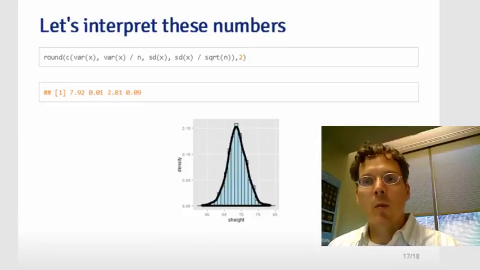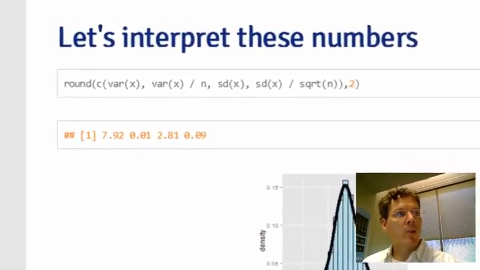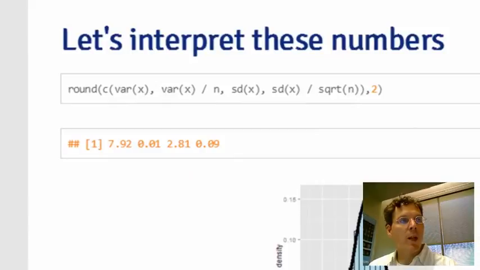Let's just go through a couple of the numbers we can calculate here. So here I took variance of x divided by n, standard deviation of x divided by square root n, and I rounded all the numbers to 2 decimal places.